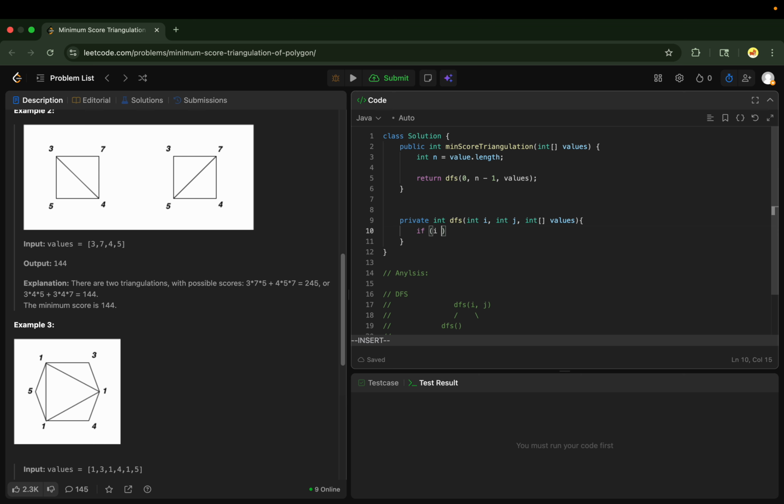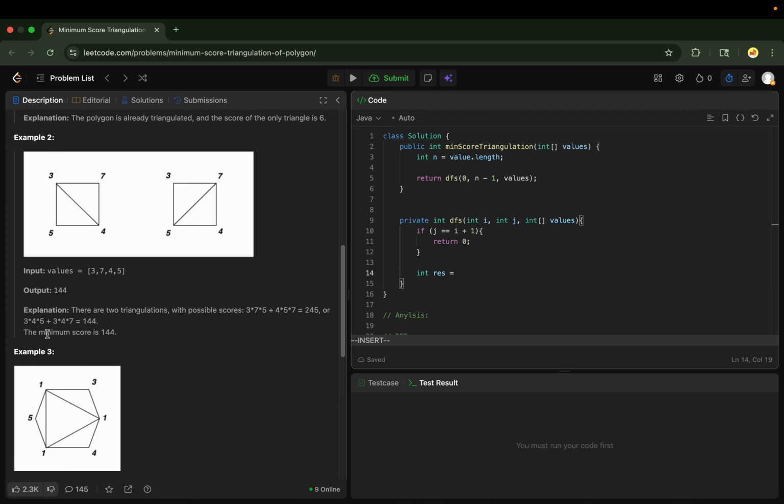If j is equal to i plus 1, there's no point between them, so we cannot generate a triangle, so just directly return 0.